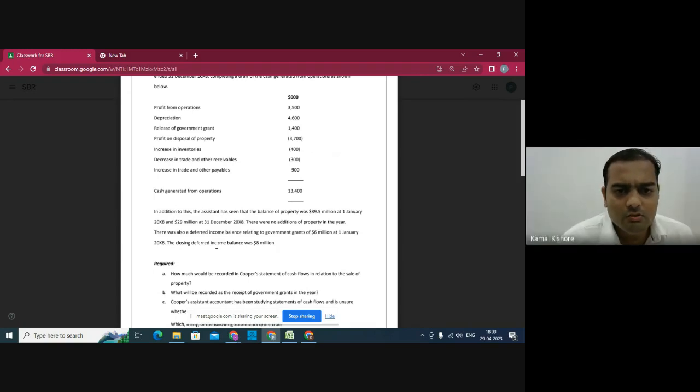No, the question is, the release of government grant impacts the cash flow, it is a cash inflow. Right, but that will not be there in the P&L, correct? Yes. So in that case, it is okay, right?